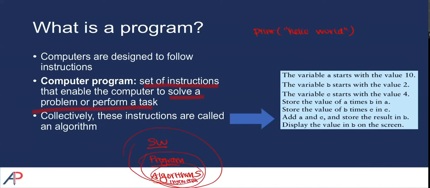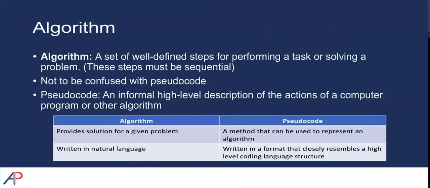Sorry, it might be a little bit difficult to read. We talked about algorithms, but once again, I want to define it for you. A set of well-defined steps for performing a task or solving a problem. These steps must be sequential, not to be confused with pseudocode. Here and there, you might have heard me talk about pseudocode, but today I'm going to define it.